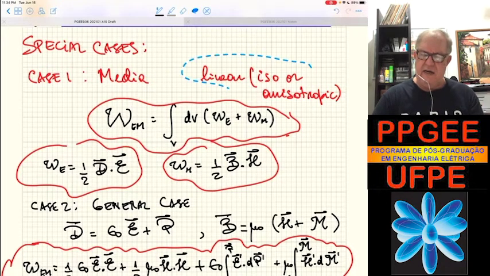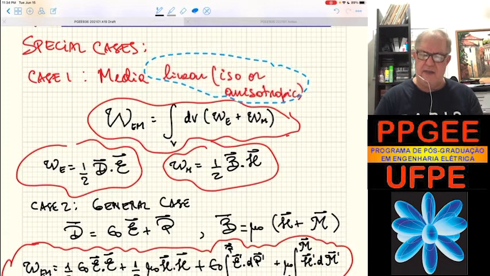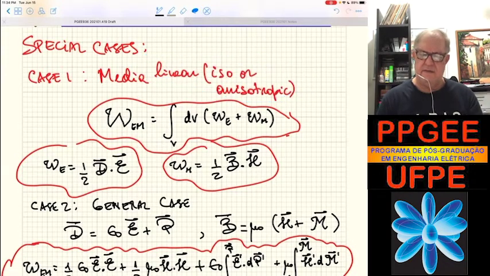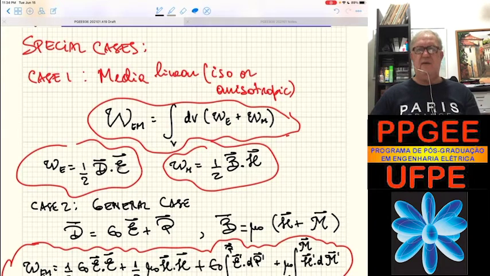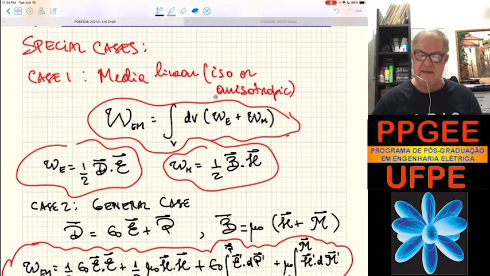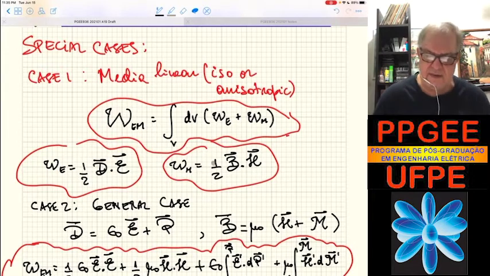If the media are linear, either isotropic or anisotropic, the relations that we obtain are those that we have already derived before. One half of D dot E and one half of B dot H, either isotropic or anisotropic. So if the media are like this, then we can show that the energy density is given by those relations, right? I have done that before for isotropic media.